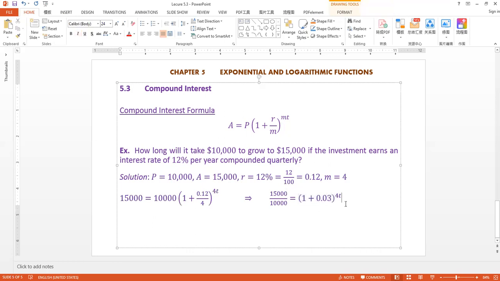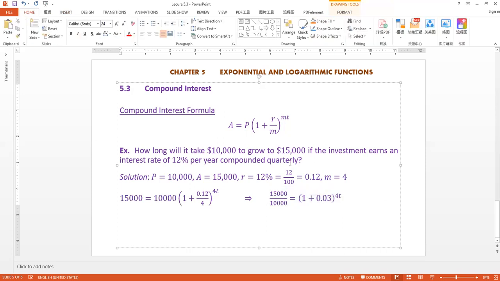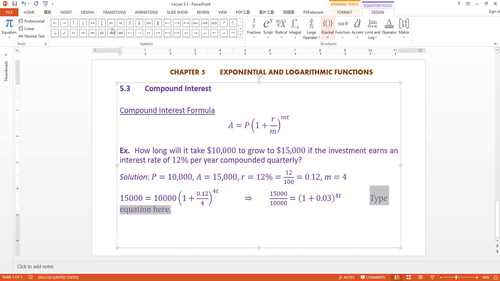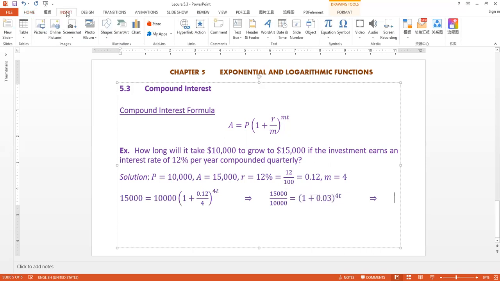Now 15,000 over 10,000 is just 1.5, isn't it? So let me rewrite that. We got 1.5 on the left hand side.